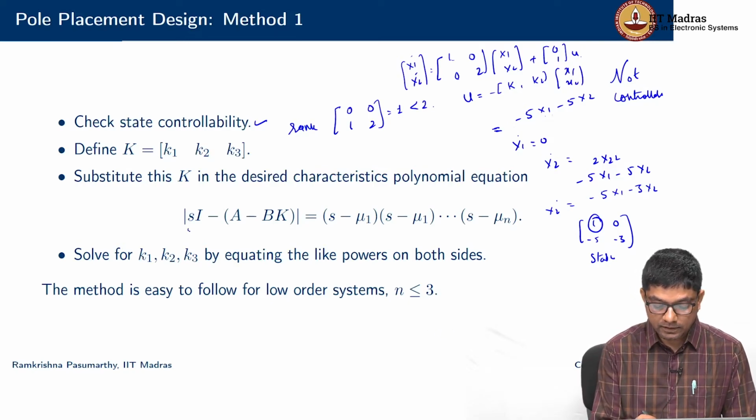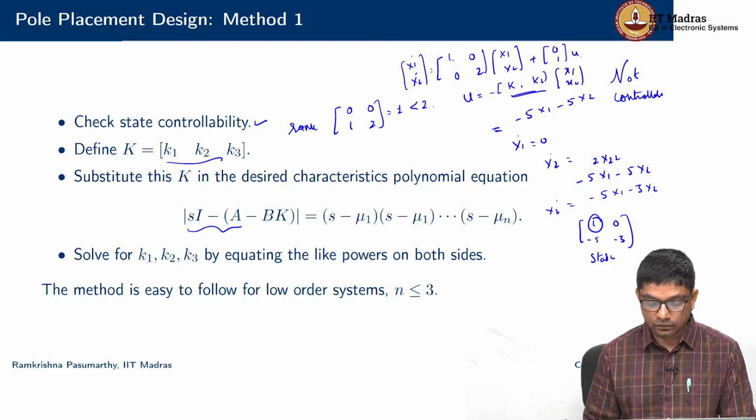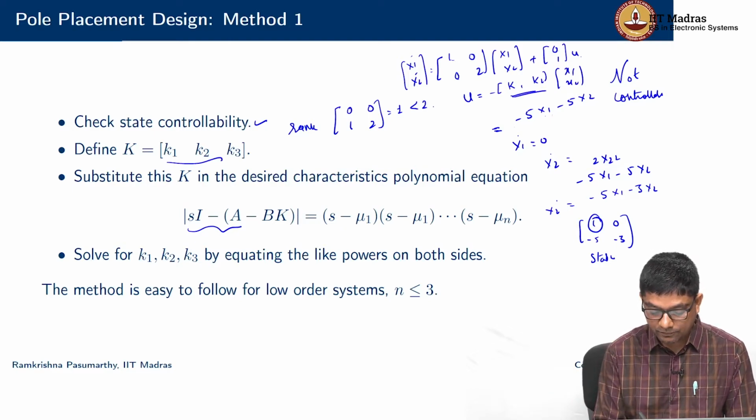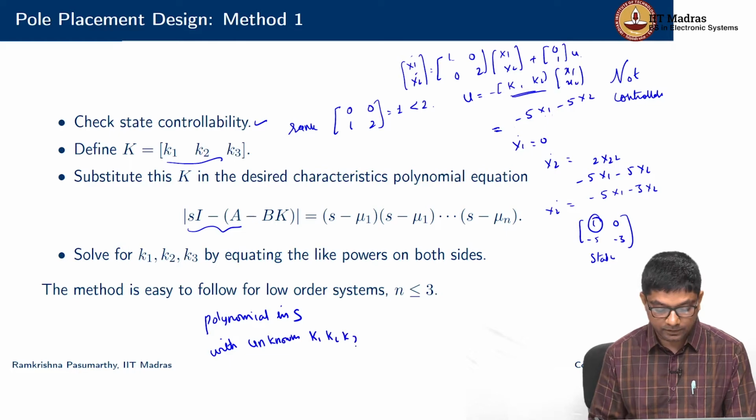My K will be of this form, K1, K2, K3. So, on the left I will have a polynomial in s with unknowns, say K1, K2, K3.